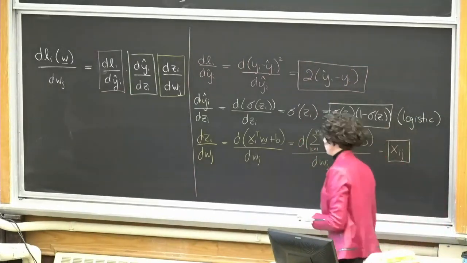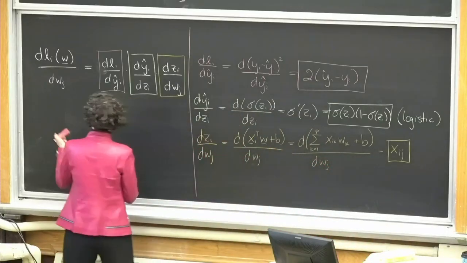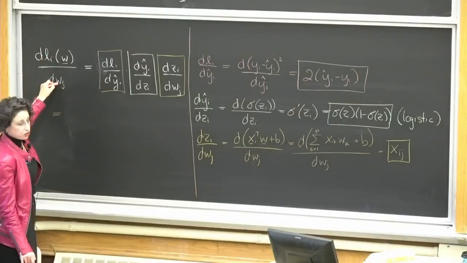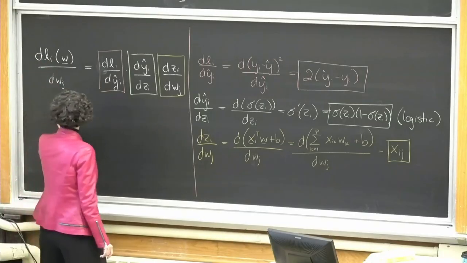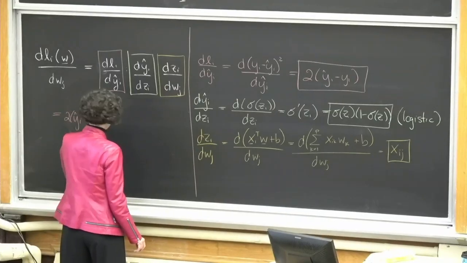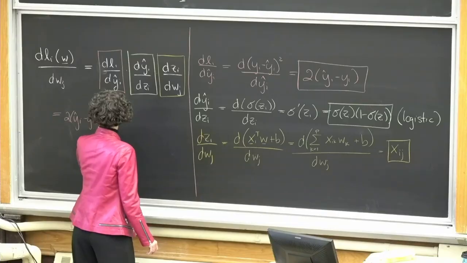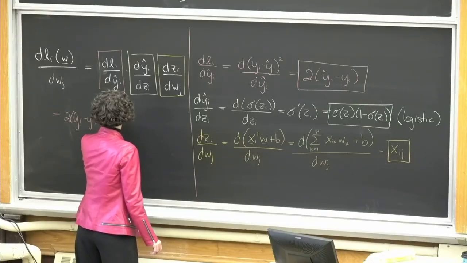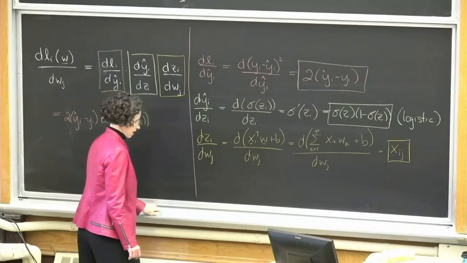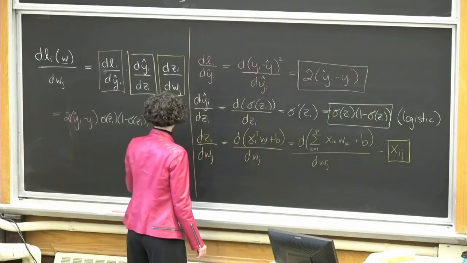Putting all the pieces together, the derivative of the loss for the ith sample with respect to wj is 2 times (yi hat minus yi) times sigma of zi times (1 minus sigma of zi) times xij.